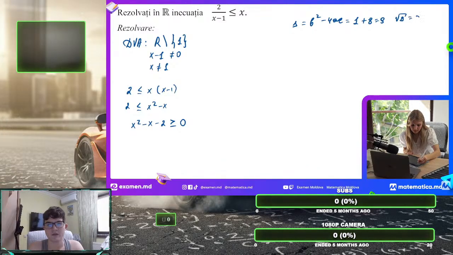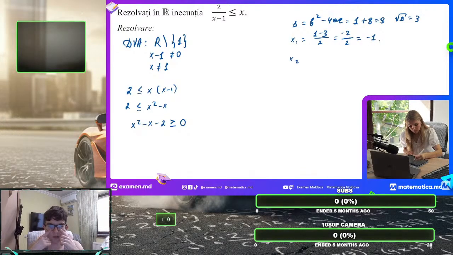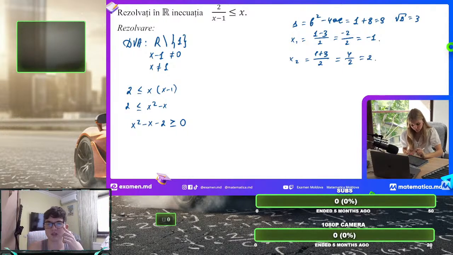And that's 3 when you extract it. And now minus 1. Okay, 1 minus 3 divided by 2, so that is minus 1, which is not equal to 1. So it is admissible. And now the next one, it is actually 2, so it's also admissible.